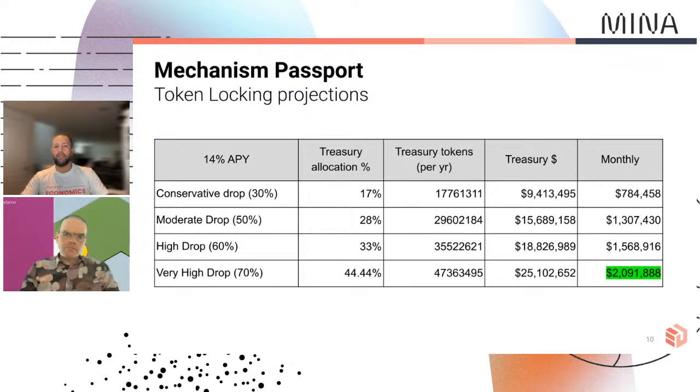Over a full year, that means approximately $10 million that would be funneled to the treasury, and that corresponds to a little bit less than $800,000 per month.